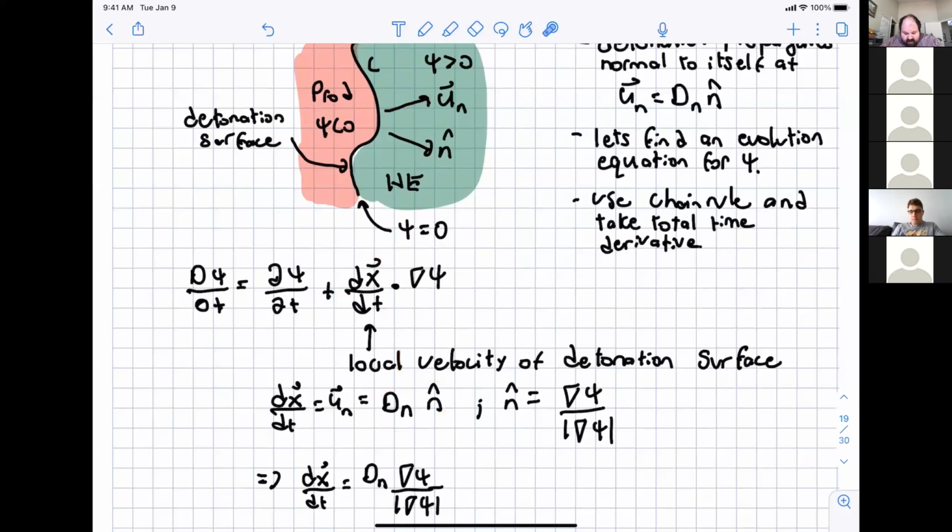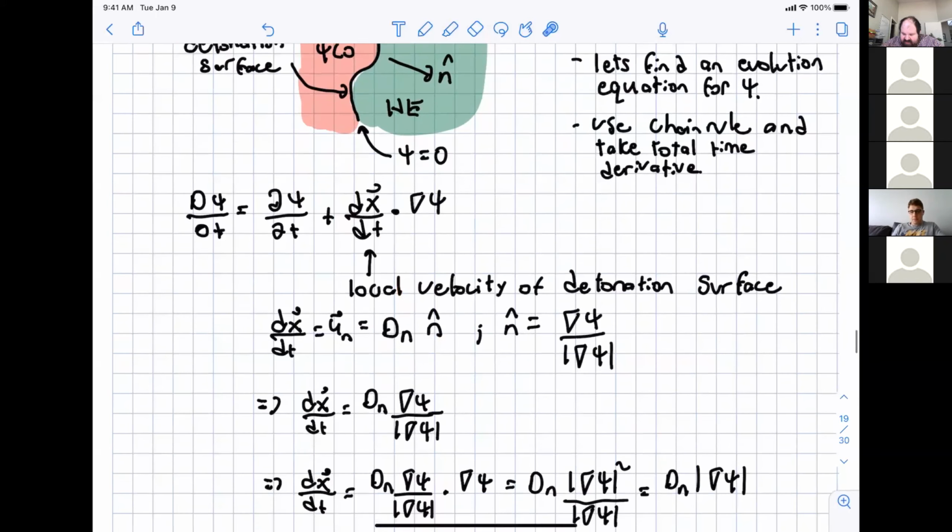Well, it turns out, and I'm not going to go through this, I've actually never seen this derivation, but n hat can be computed by just taking the gradient of our surface function and dividing it by the magnitude of the gradient of the surface function, and then that gives you n hat.